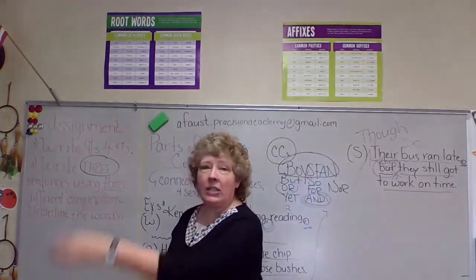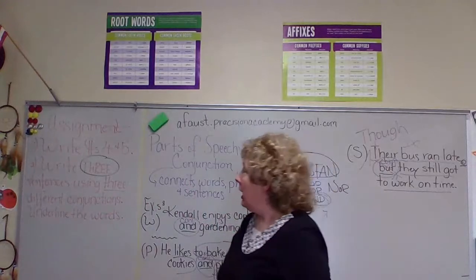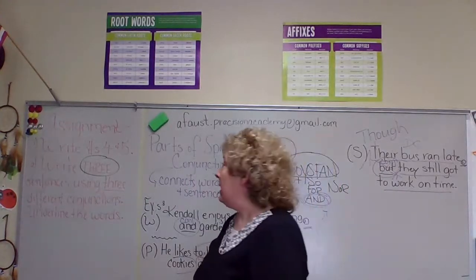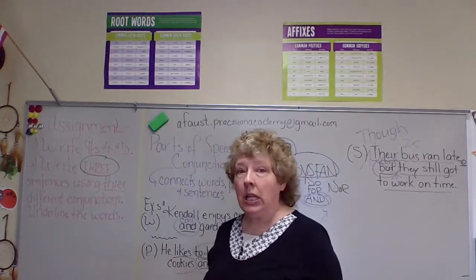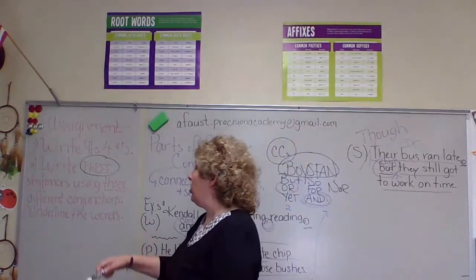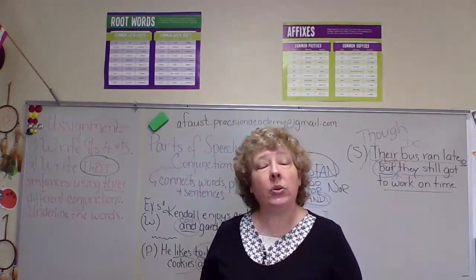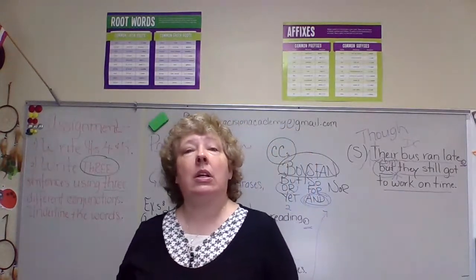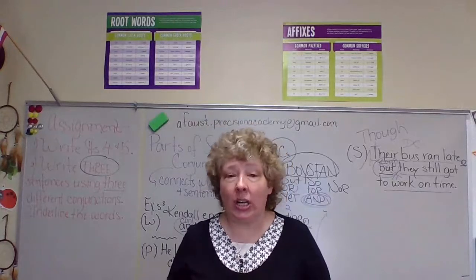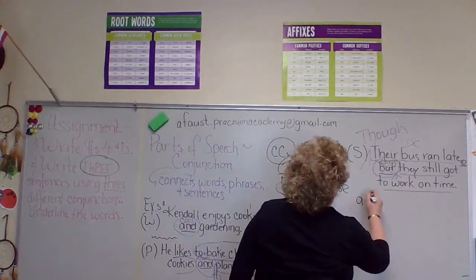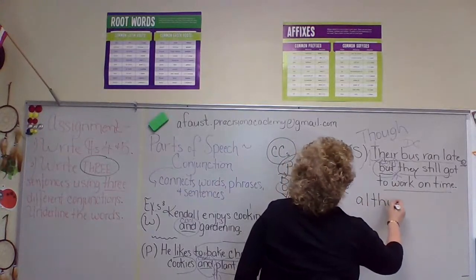Part 2 has to do with the parts of speech. I want you to write 3 sentences. 3 sentences using 3 different conjunctions. Underline the words. So yes, you could use, if you want, subordinate conjunctions, such as though. Let's do this again, because we should have a list already.